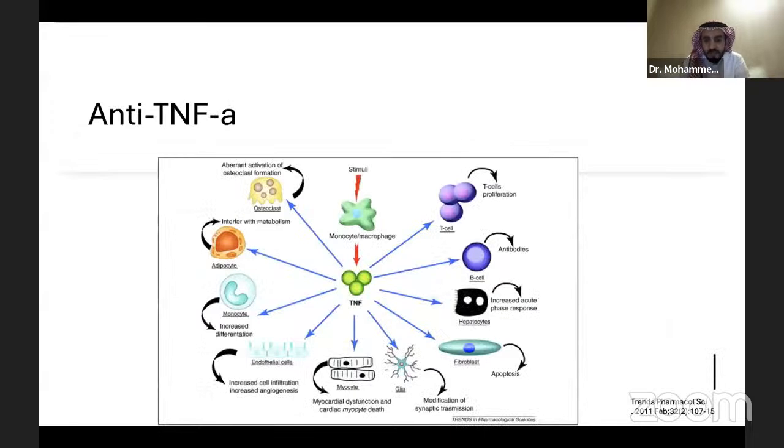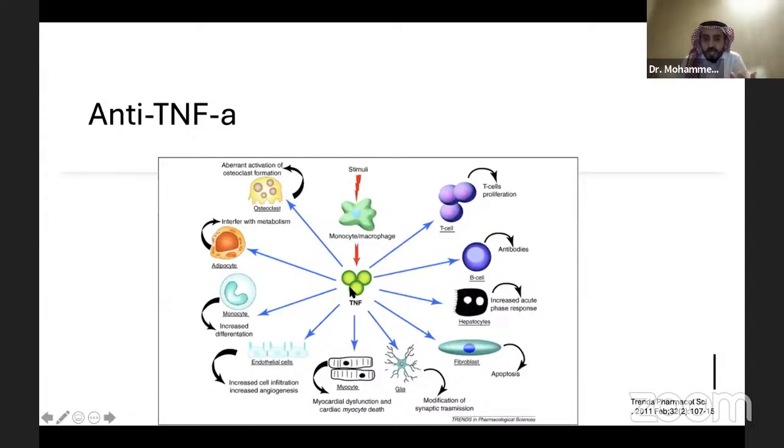TNF, anti-TNF. TNF is one of the strongest cytokines available in biology. As you could see, it has a huge effect, not only in the immune cells but in many cell types in the body. It's one of the acute phase reactants, so I'll focus on the immune aspect of it. When you produce TNF alpha, you have a strong Th1 response and T cell proliferation directed to a Th1 response pathway.